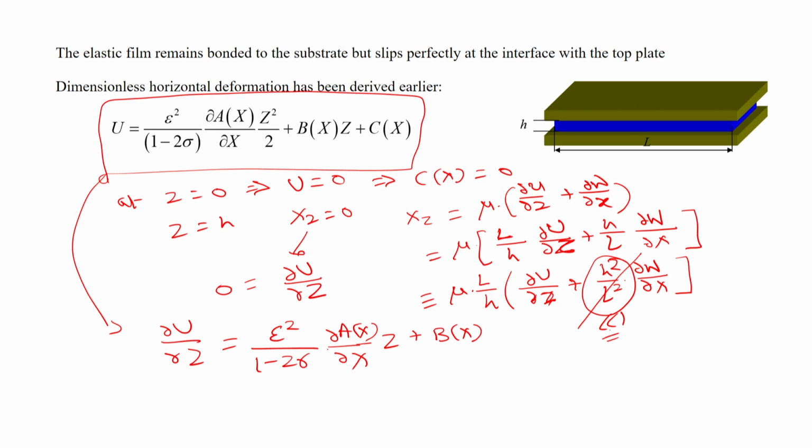At z equal to h, this del u by del z is equal to 0. So, that is 0 here, equal to epsilon square by 1 minus 2 sigma, times dA by dx, because A is a function of x only, into h plus B of x. So, we get an expression for B of x.